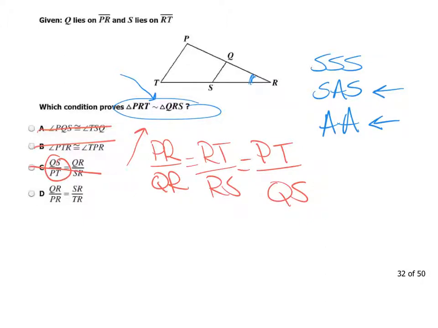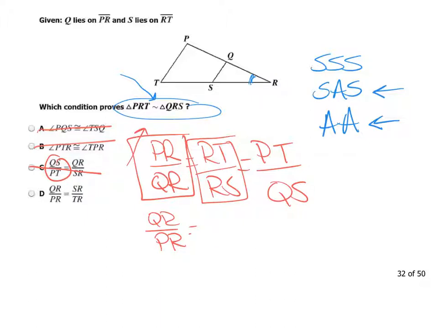So let's see, QR over PR. So we have these two written backwards. And then we have SR and RT written backwards. But at least if we flip it around, we could definitely go with QR over PR is equal to RS over RT. And we have our answer, it is D.